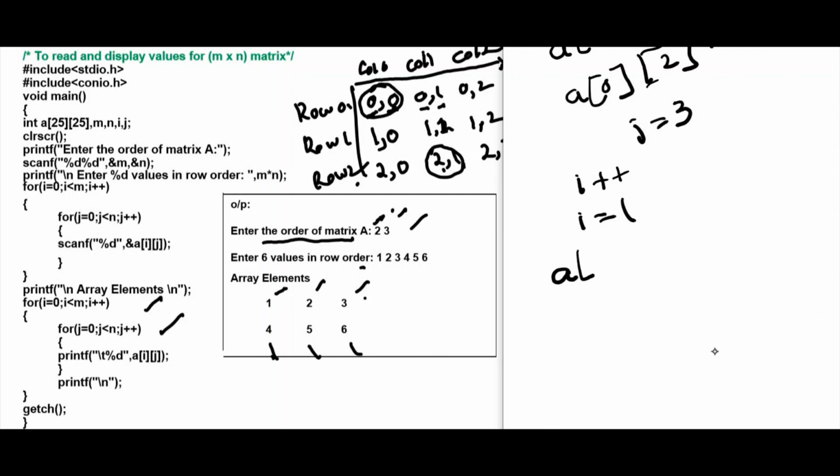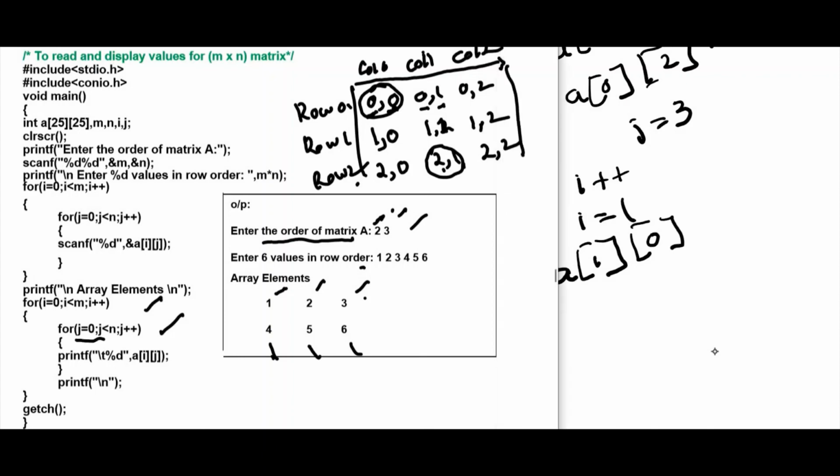So now we will be referring to row number 1, but the inner for loop, as it starts with j equal to 0, you can see here it is still going to start with 0 up to 2.